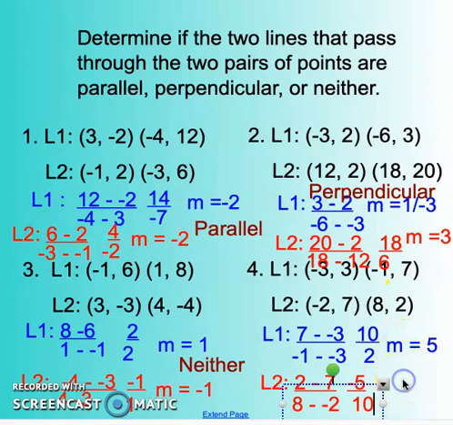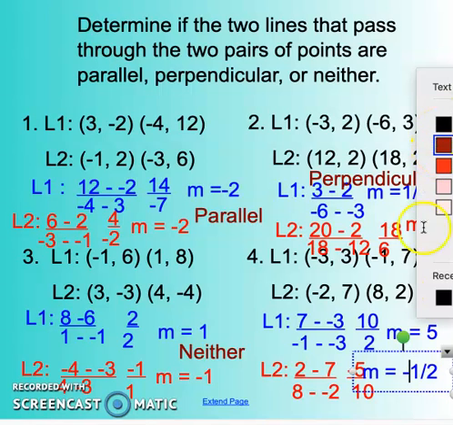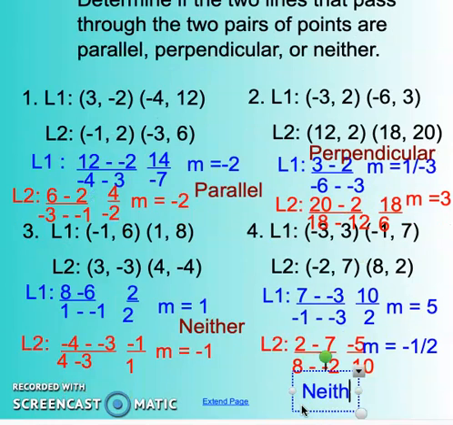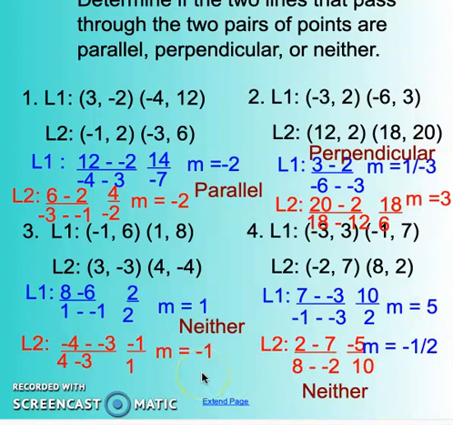So the slope is negative 5 over 10, which is the same as negative 1/2. Is that the opposite of 5? Nope. It's not the opposite of 5. So what kind of lines are these? They're neither again. They're not the same, and they're not complete opposites of each other either. And so we are at neither again.